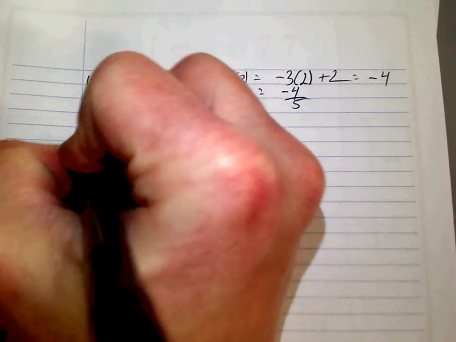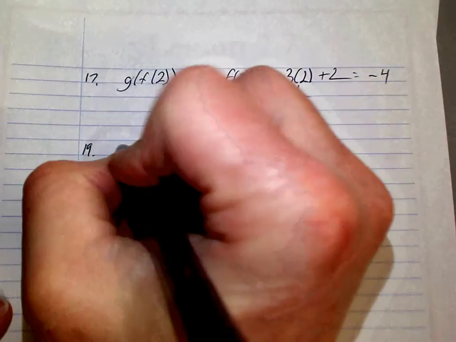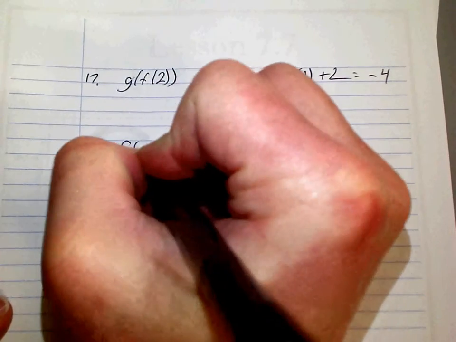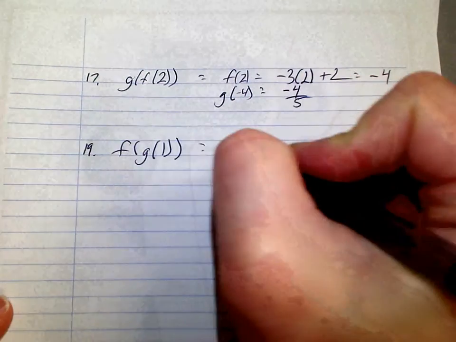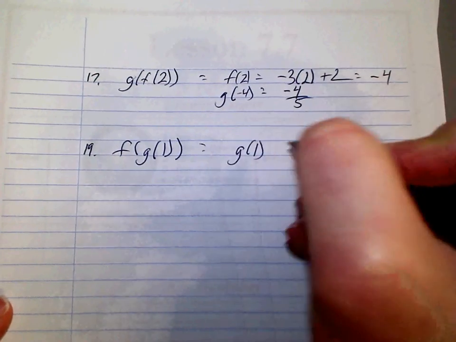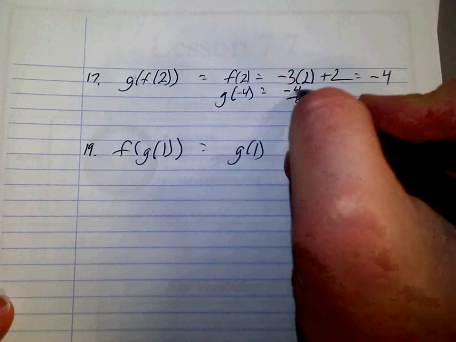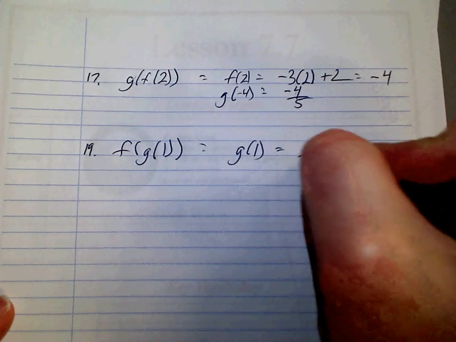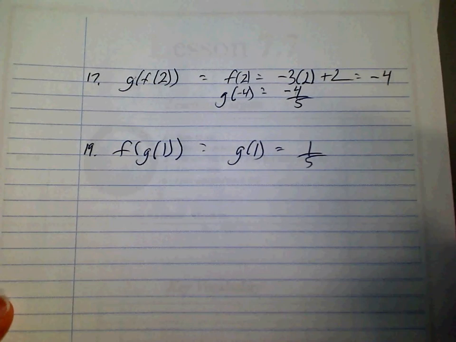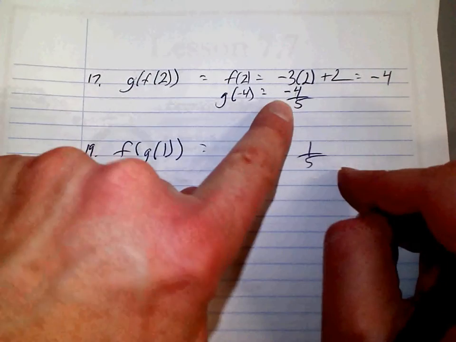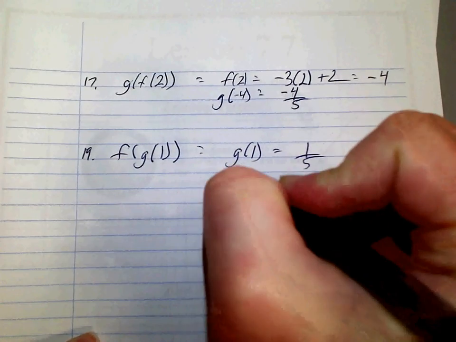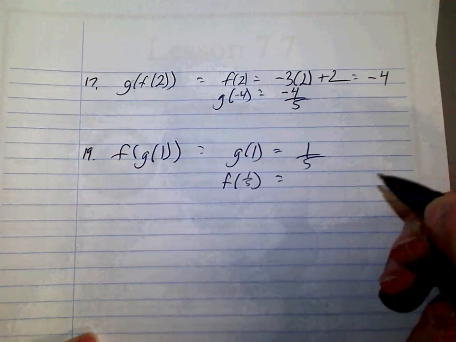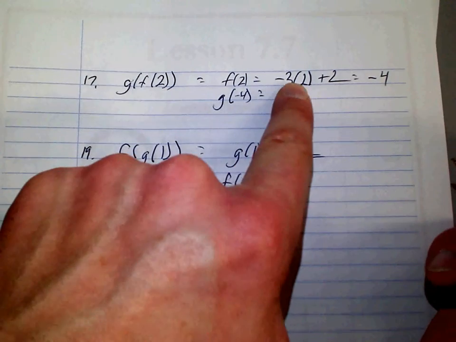19, another composite, f of g of 1. So we g of 1, g is this one right here, input over 5, so 1 over 5, right? That's what we do, we put our inputs over 5 on g. So then f of 1/5, f was that one right there, where we multiply it times negative 3, then add 2.